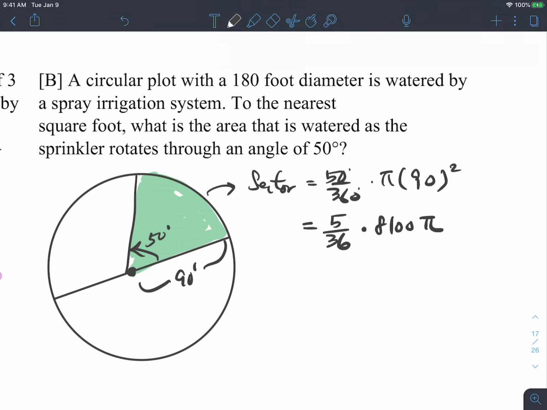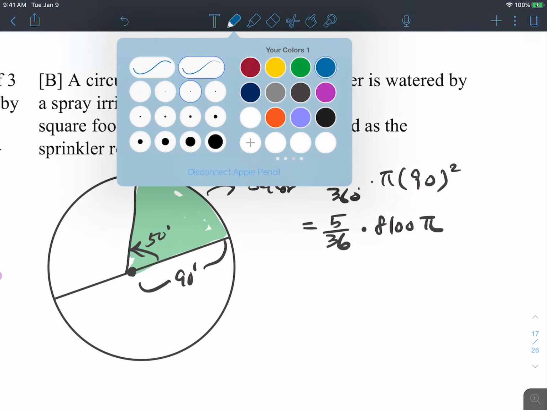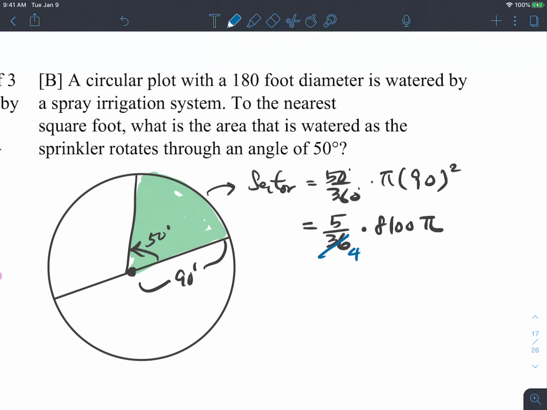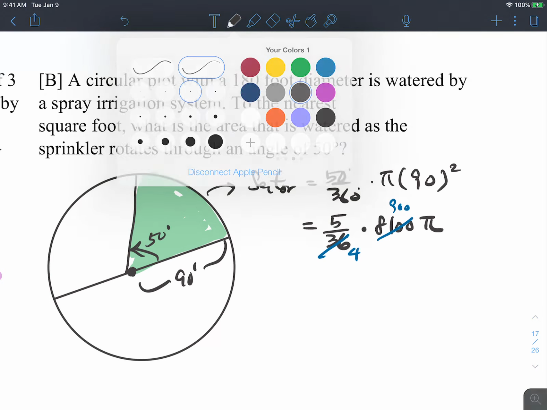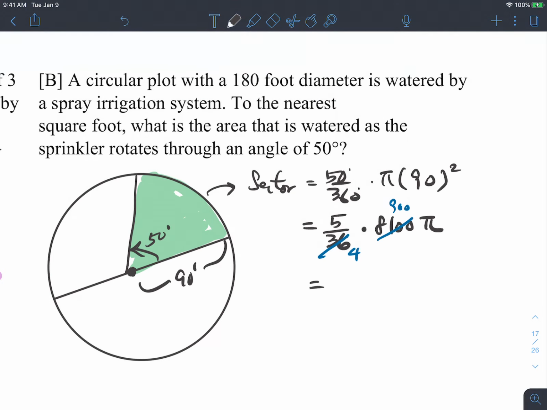Let me use a different color. There you go. 9 goes in there 4 times. 9 goes in there I believe 900 times, right? Right. And then we could simplify that even further, because now 4 goes into 12 5 times, right? Anyways, when you go to the calculation over there, that's 4,500 over 4 pi.